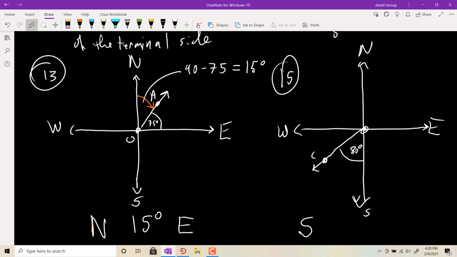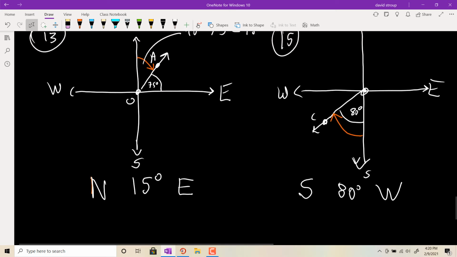So if it's in the first or second quadrant, you're going to start at north. If it's in the third or fourth quadrant, you start with south. Okay. Then you need the angle coming down from that axis, the negative y-axis. You need this angle right here. Okay. And they've been nice enough to give that to us. It's 80 degrees. Okay. And then we went in the direction of west. So actually we went south 80 degrees west.